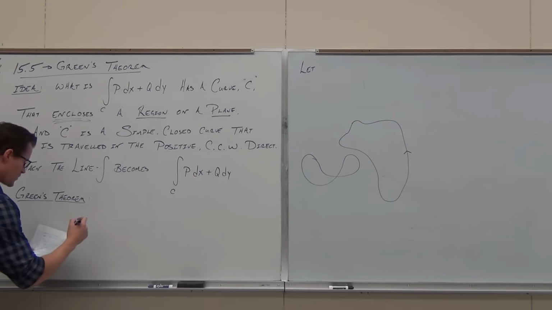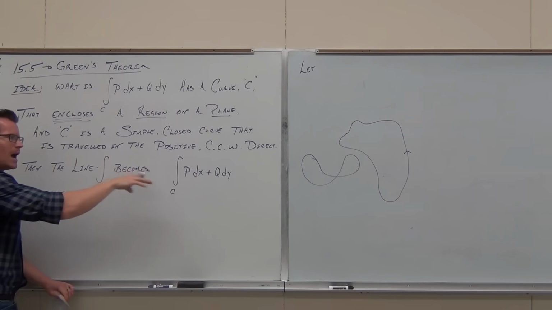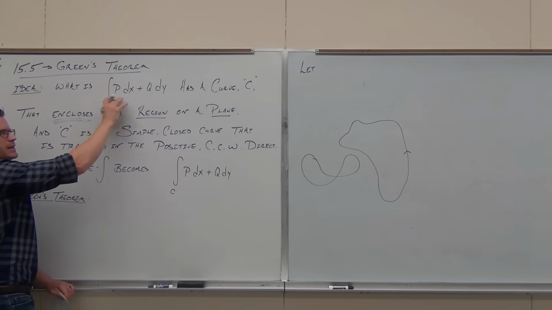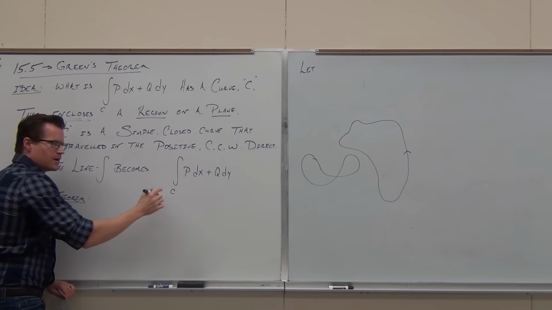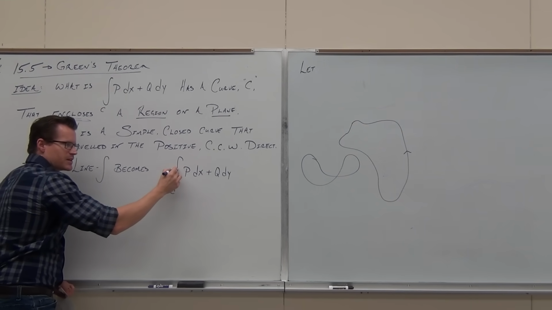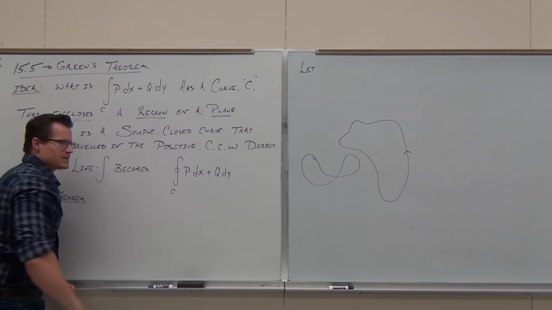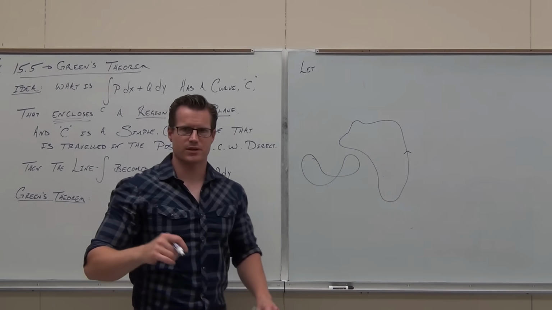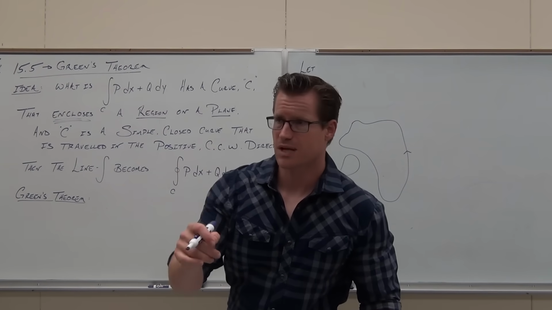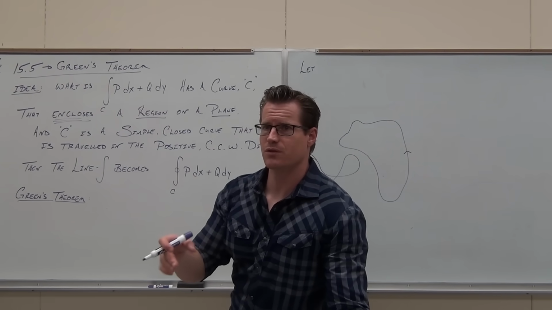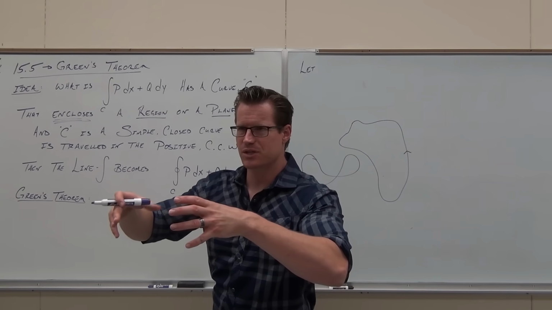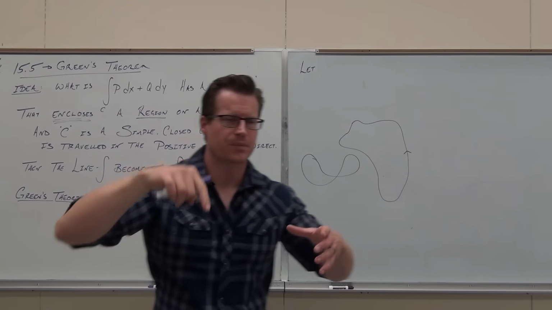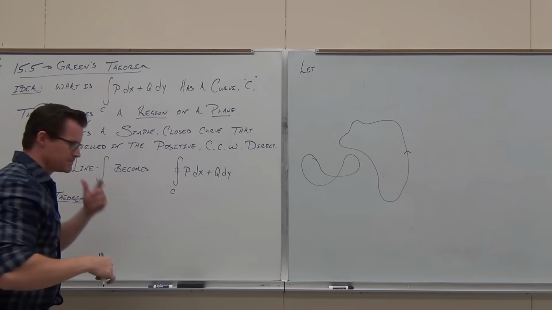So Green's theorem says, well, what happens if our line integral has a simple closed curve? Then this C is very specific, and we draw a circle right there, saying that that's a line integral where C is a specific type of curve, a simple closed curve containing this region, traveled around the region in a positive counterclockwise direction.